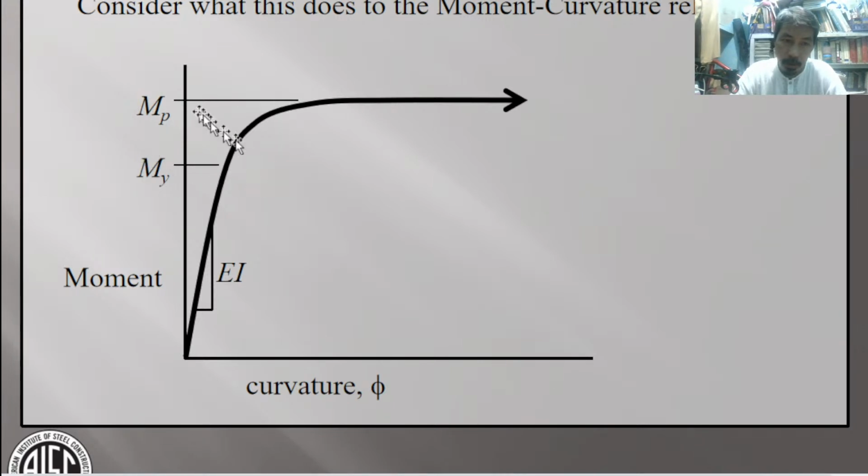So this is our My. This is our Mp. Now if you are looking at moment versus curvature, we have EI instead of E. The slope is EI instead of E. Because if you divide this by I, we will have the stress. Then this one divided by I will have the strain.